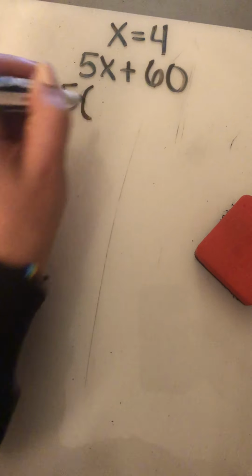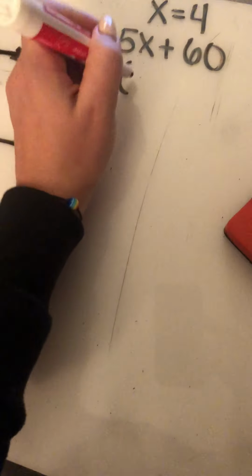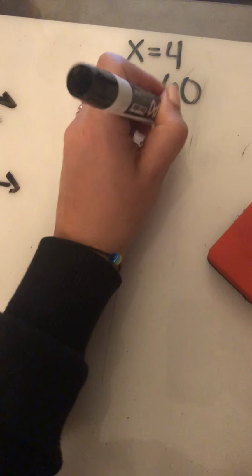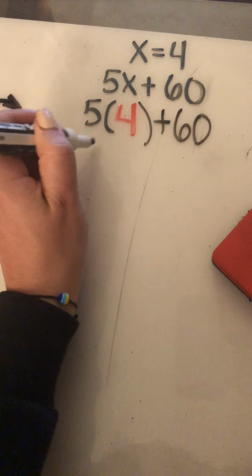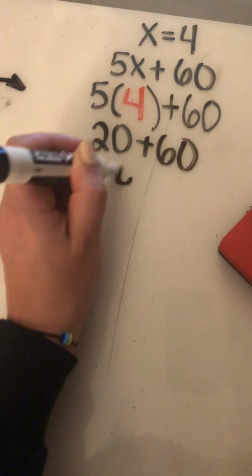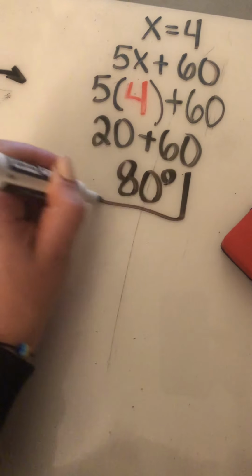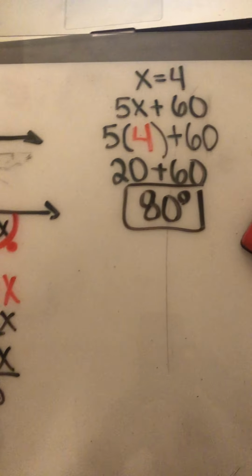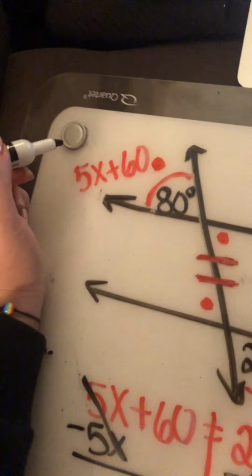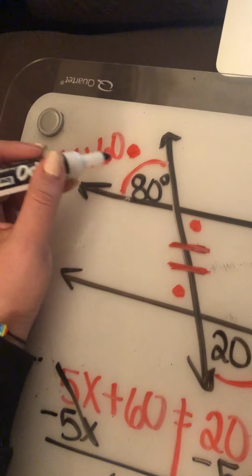So it's going to be 5 times 4, plus 60. 5 times 4 is 20, plus 60, and then 20 plus 60 equals 80 degrees. Which we already knew because I just changed it a little bit to model it more like what you're going to see on your exit slip. So this angle we already have is 80 degrees, okay?